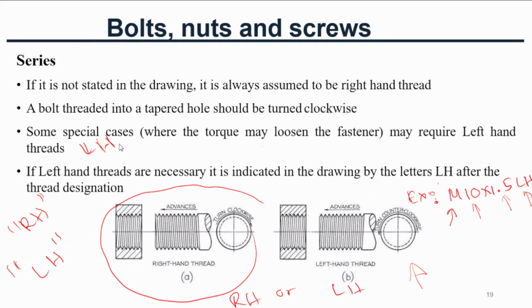You must identify left hand or right hand from the drawing. If you assemble it the incorrect way, it can cause your machine to fail. It may be damaged during operation.